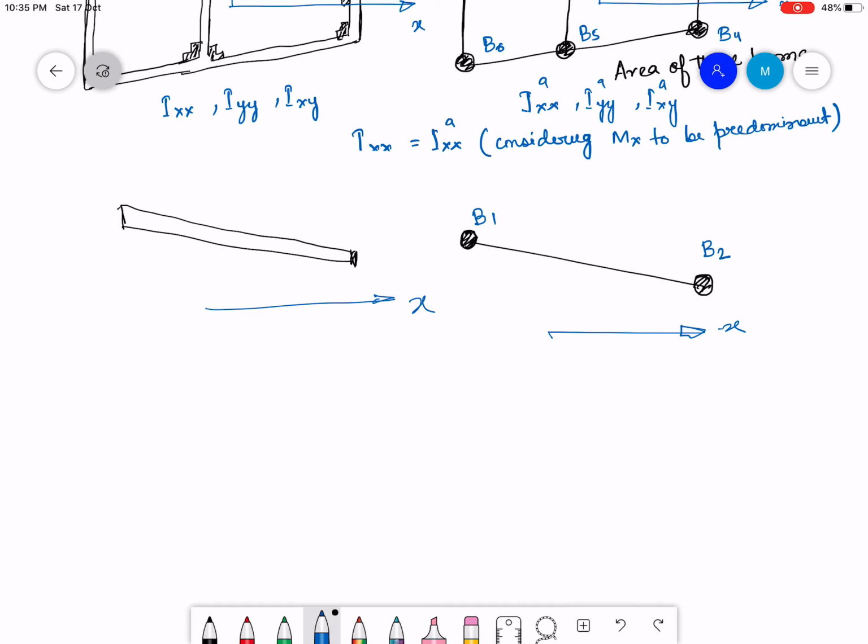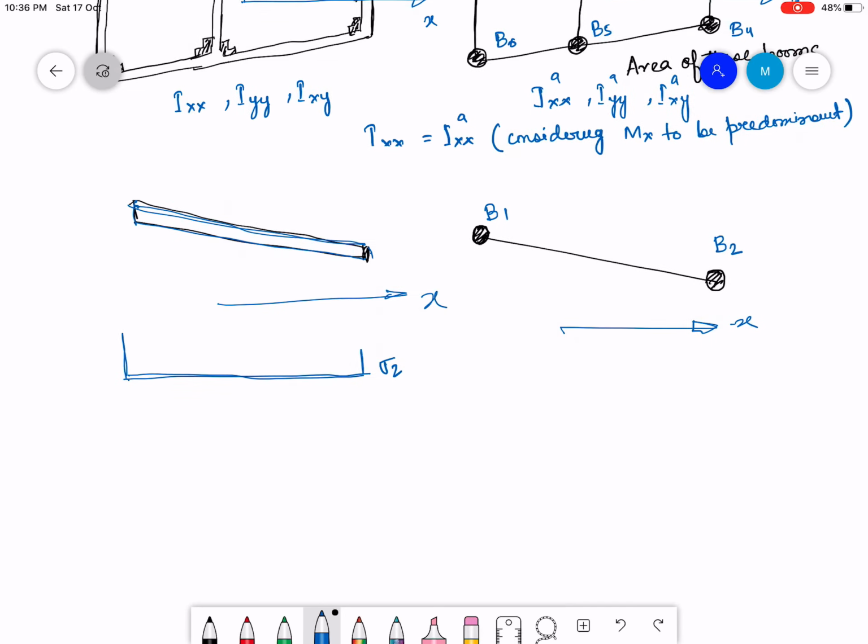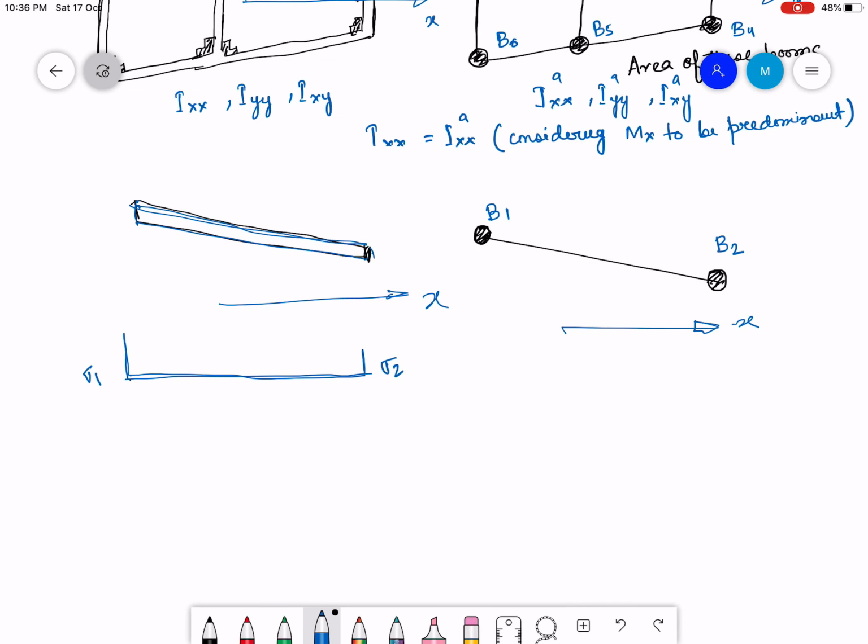Now if you think about this inclined flange and an Mx moment, then the direct stress distribution on this inclined flange is going to look something like this, which is going to be sigma 1 here, and this is going to be sigma 2, and it will change linearly between sigma 1 and sigma 2.